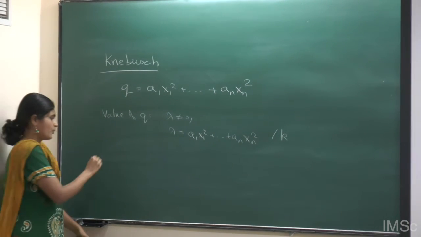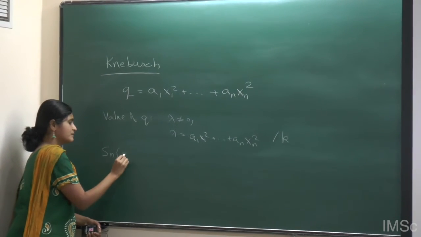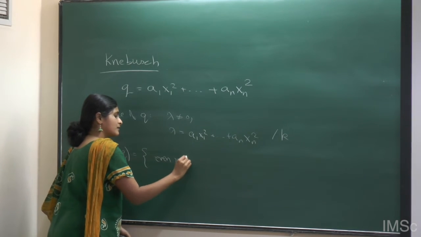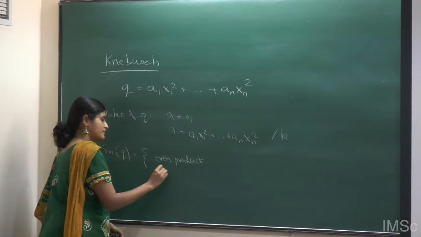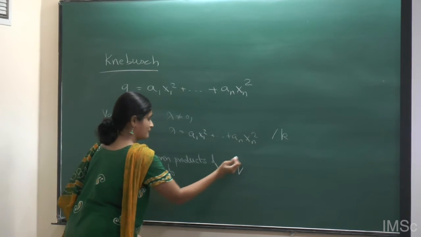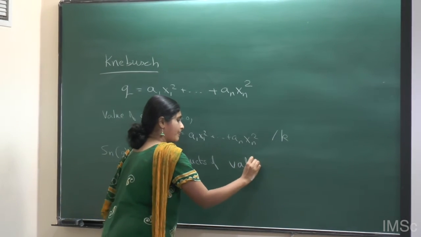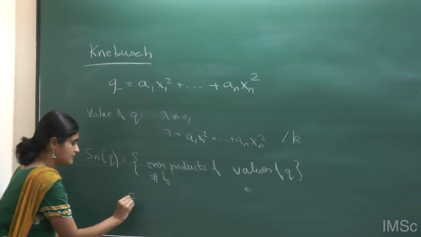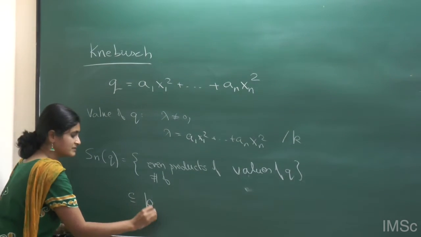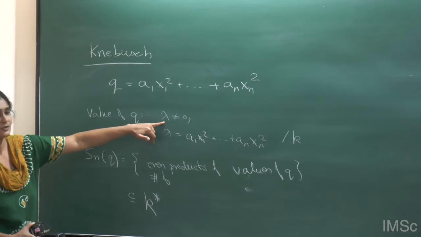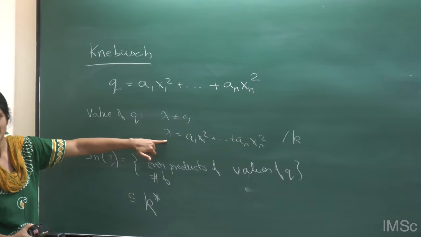And what are spinor norms? If you look at all even products, an even number of products of values of q, then this is a group. This is the spinor norm group, and it sits inside the scalars. So again, a value of q is simply any nonzero value represented by the quadratic form.